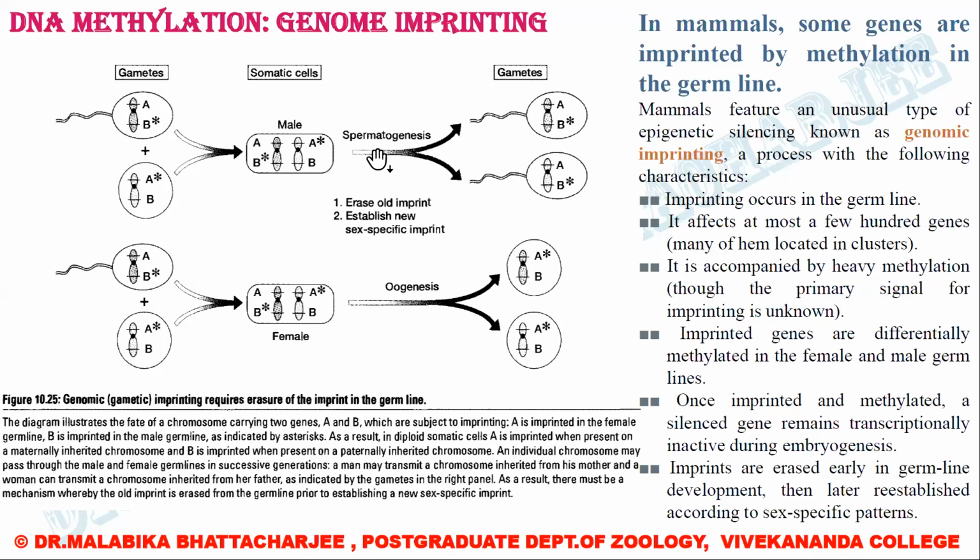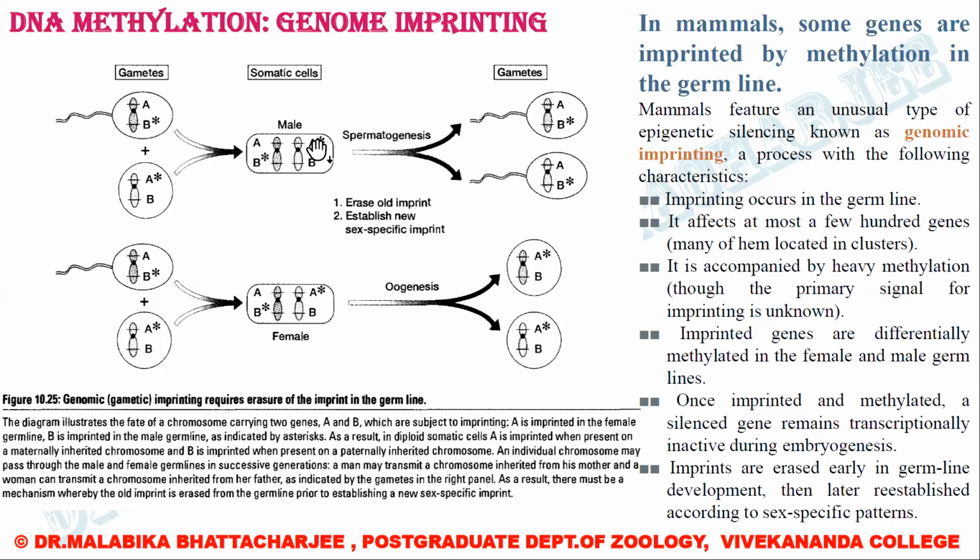During the spermatogenesis process, the male has received one chromosome from the father and one from the mother. The mother has the A gene imprinted and the father has the B gene imprinted. So the somatic cell of that individual has two chromosomes, where in one chromosome B is imprinted and in the other chromosome A is imprinted.